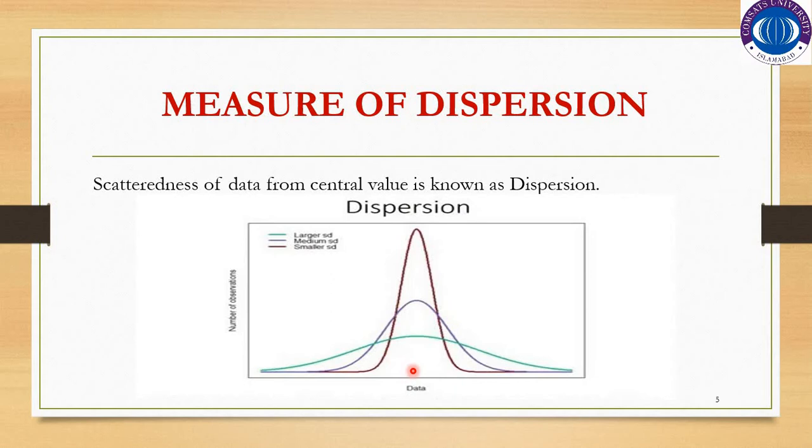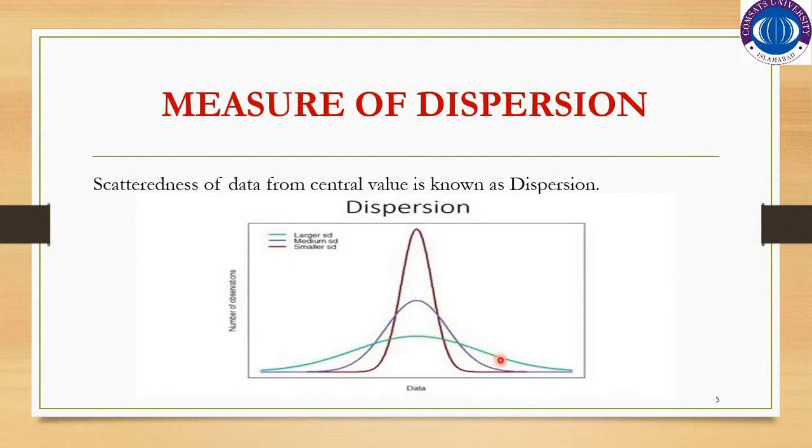Because this one is more flattened, this one has a little bit higher peak than this one, and this purple one has the highest peak. It means that most of the observations are here, but in the case of this one, observations are expected to lie on the tails. So this one has the higher dispersion.